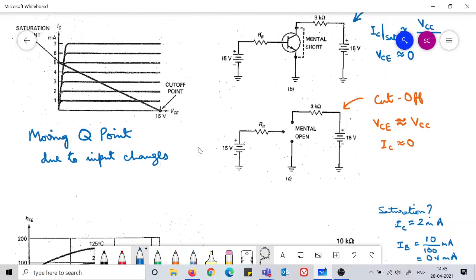The switches are those which are in any computing device. So in our laptops, computers, as well as any small computing device, it is only switches which are working at the very ground level, at the very hardware level. It is only switches which are on or off, and these switches are nothing but transistors.